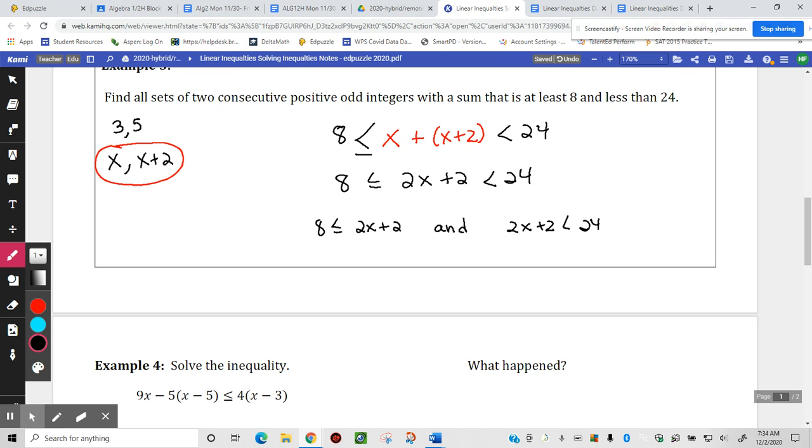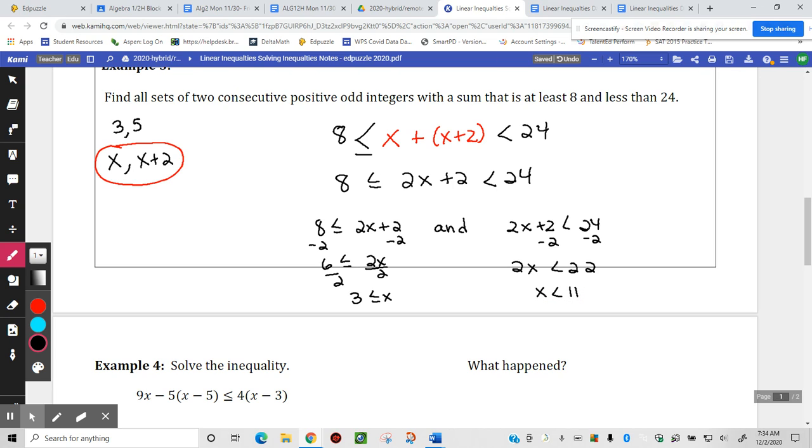You're going to solve both of these parts and see what happens. So I get 6 is less than or equal to 2x, so x is greater than or equal to 3. Or x is less than 11.